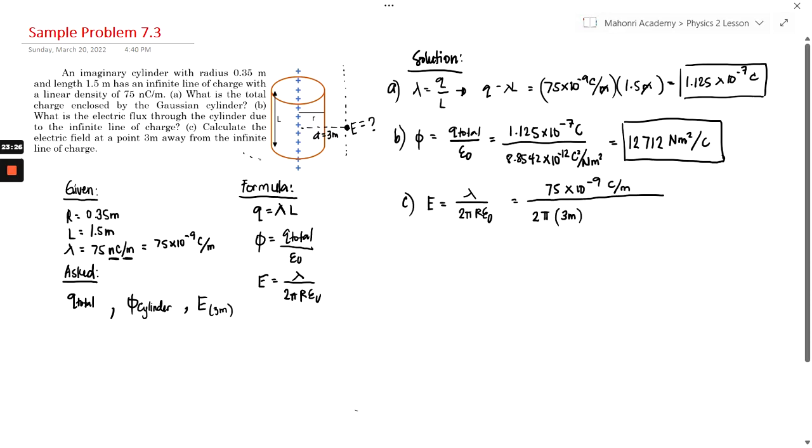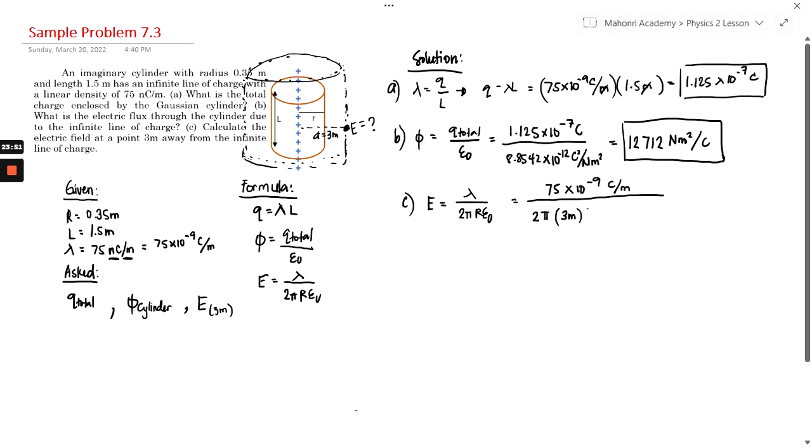another cylinder with a different radius. So you have to create another Gaussian surface. This is your imaginary Gaussian surface. By creating that Gaussian surface, you can measure the electric field at this point.